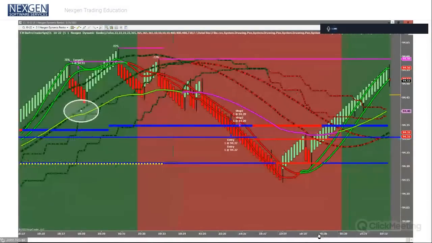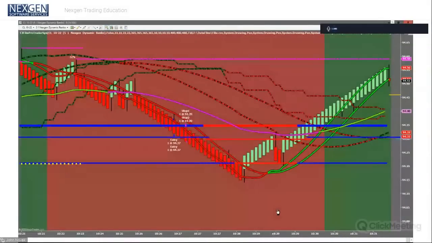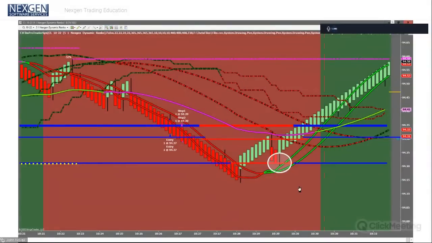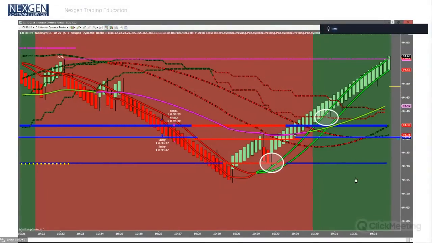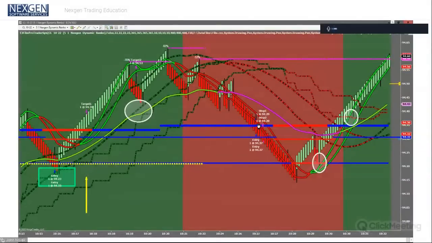Let's just say hypothetically we were going to wait for the triggers to roll before we went long so it didn't look so stupid. See anything better than what I did over here? And again, I did it on purpose so we could see the visual of it because it looks awful.